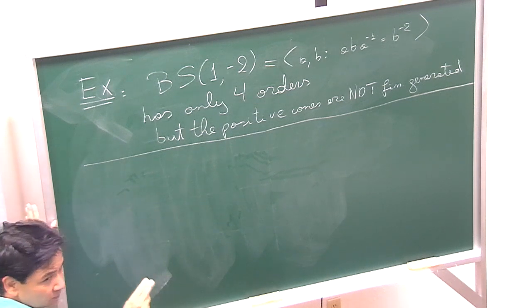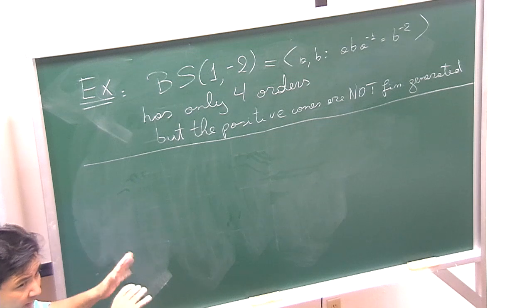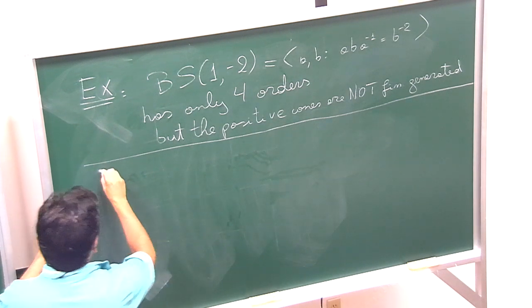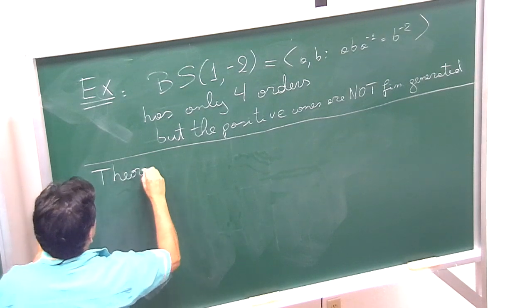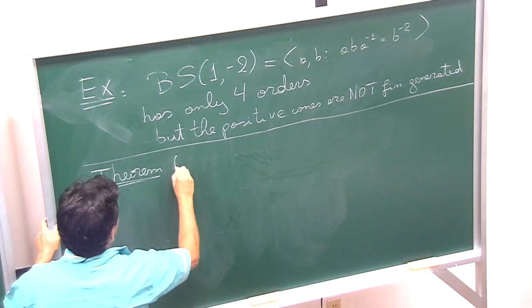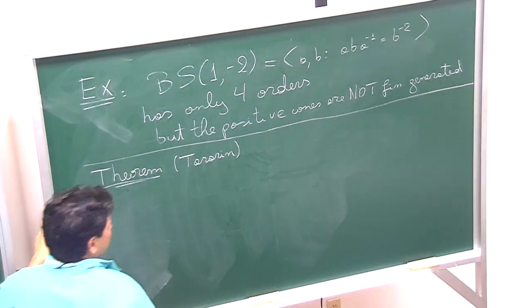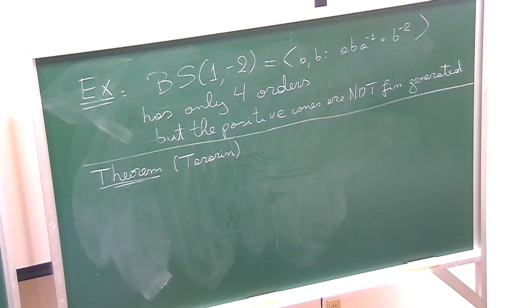I will give 2 more results in this direction that somehow explain what's happening. The second thing is that there is a theorem by Tararin, from Russia in the 80s, that completely classifies groups with finitely many left orders.